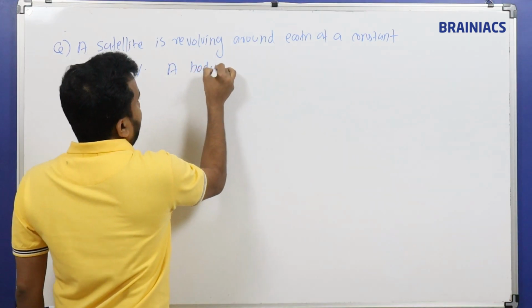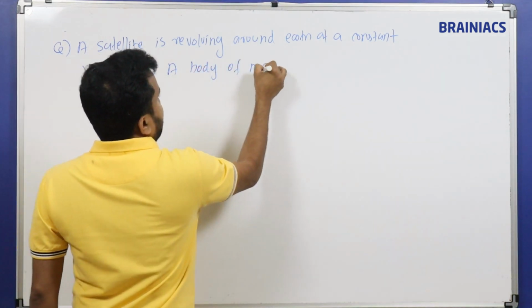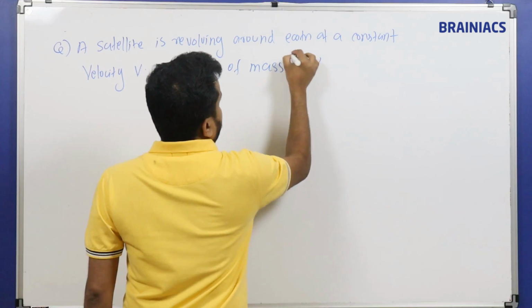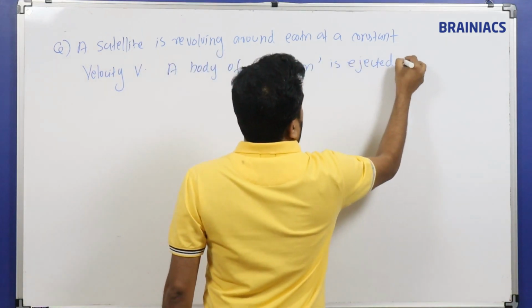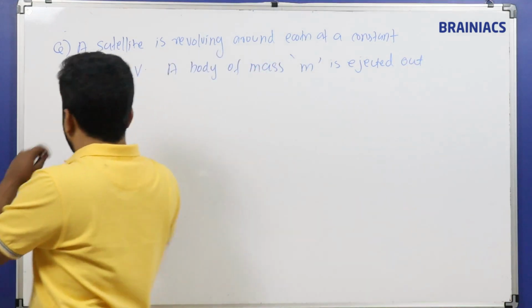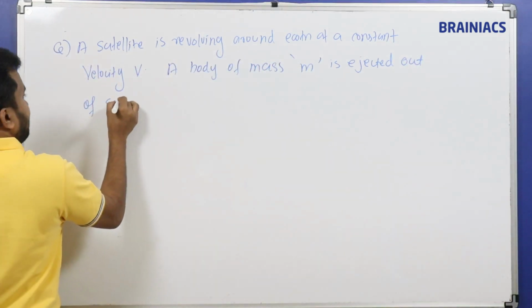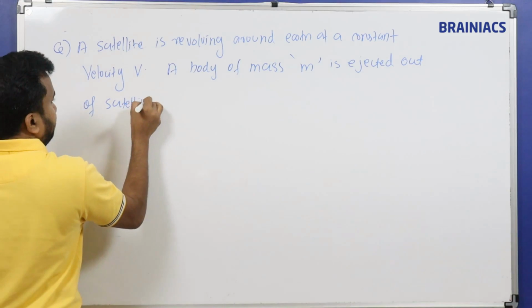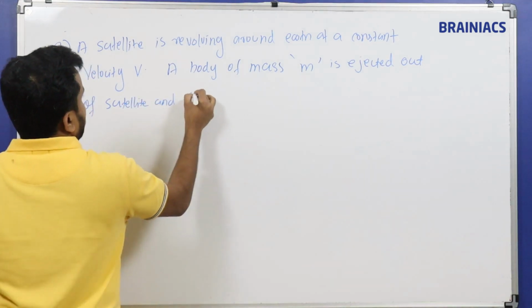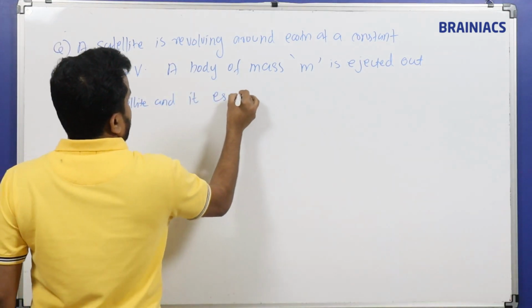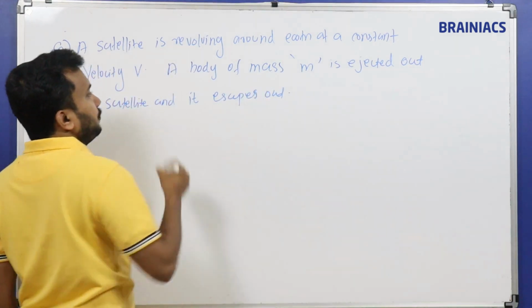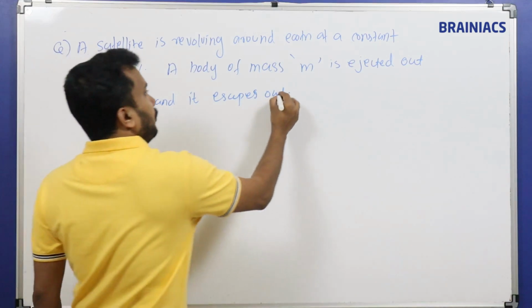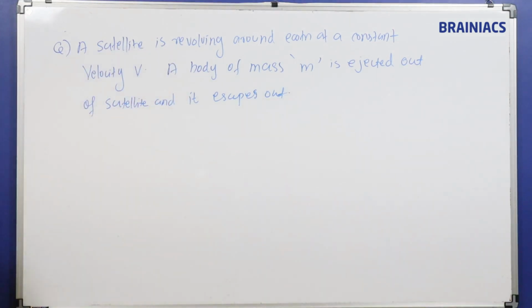A body of mass m is ejected out of the satellite, and it escapes out, which means what? It is going out of the gravitational pull, and it is not coming back to the gravitational pull.